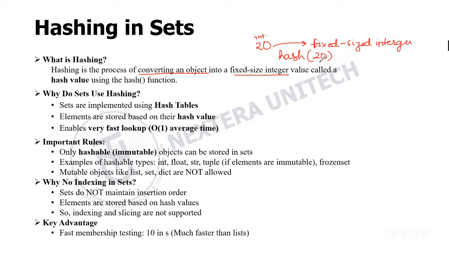Using the hash function, they'll get the hash value of 20. Let's say A is the hash value, just a placeholder. Hash of 20 is A. So in this location, they will store this object, which holds the value 20. That is how sets work.